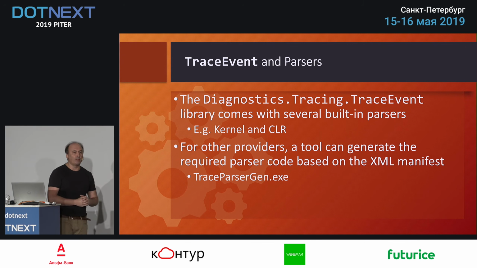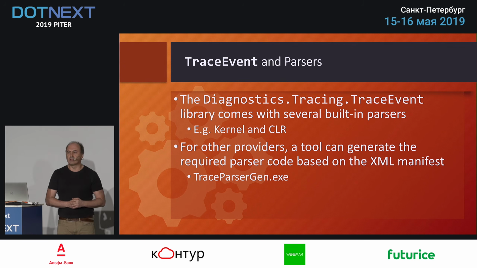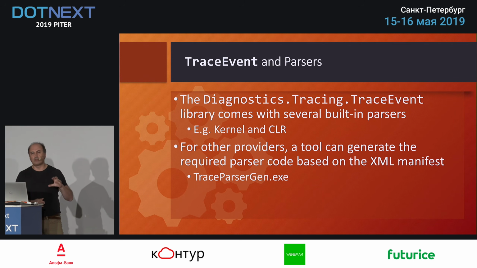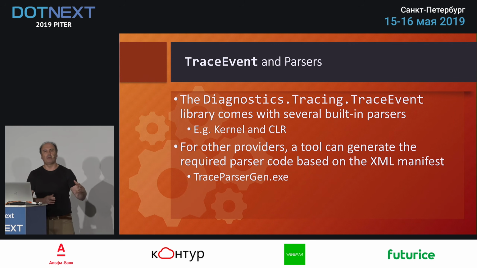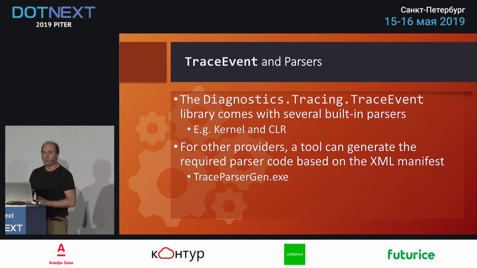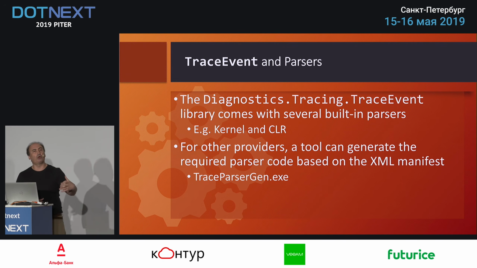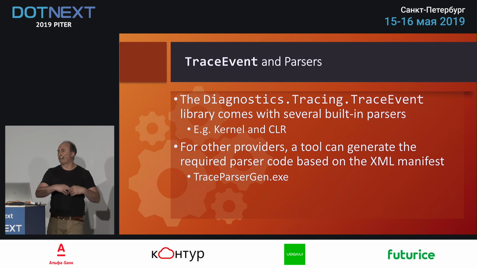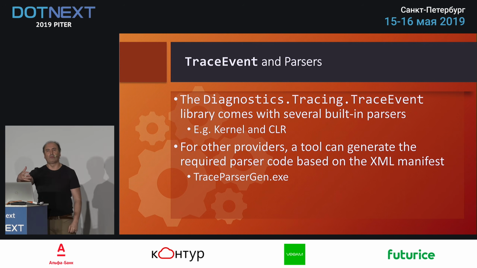There's a tool provided by the great Vance Morrison called TraceParserGen, which allows you to take an XML manifest, which can be generated using the ETW Explorer I've shown previously, and actually generate a C# code file that already has the parser built in it from the metadata read from the XML file. So it's pretty easy to do.